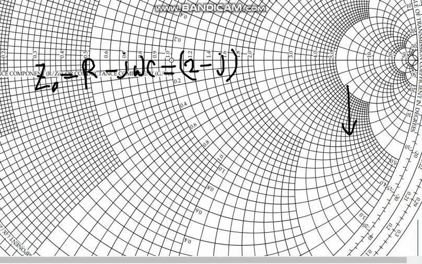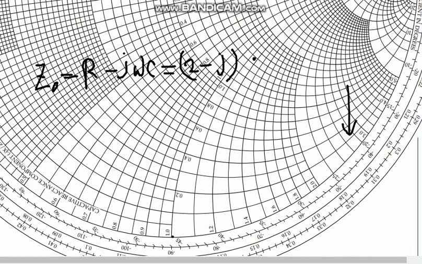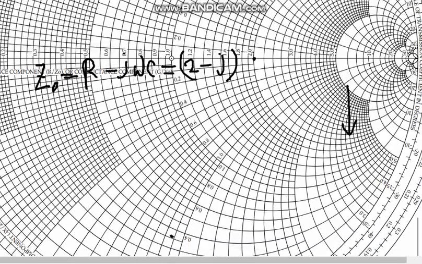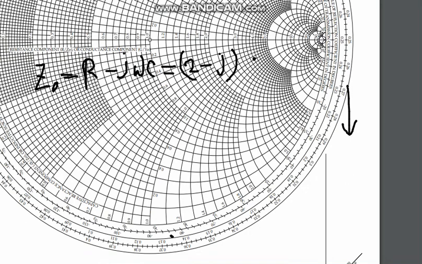Okay, first of all we have to find out where the 2 circle is, the radius of the 2 circle is here. And where is the curve of 1.0? We have to find out 1.0, this point. If we want to get the point clearly, just zoom in to understand it.